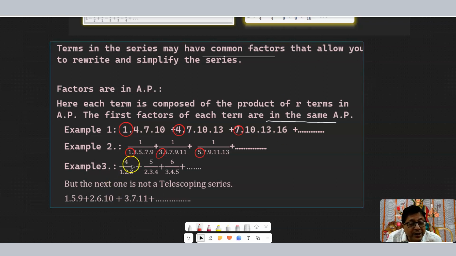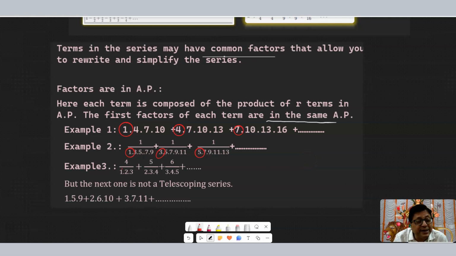Next one, the numerator also contains terms like 4, 5, 6. But here 1, 2, 3, 4, 5, they are in AP, and the first terms again form an AP, and that AP is the same as given in between these terms. 1, 2, 3, 4, 5. Here we get first terms in this form. So this must be a telescoping series.